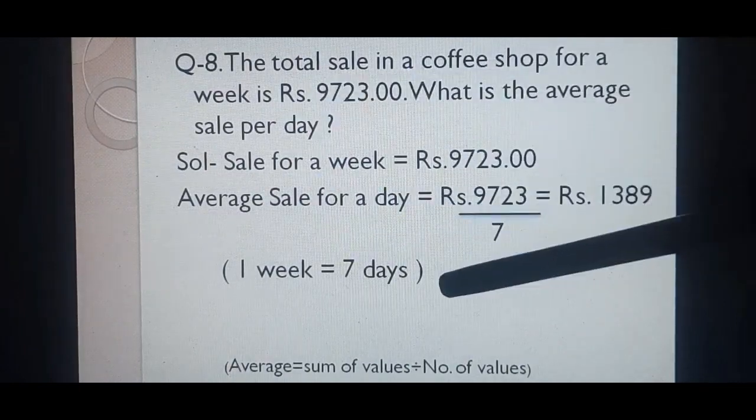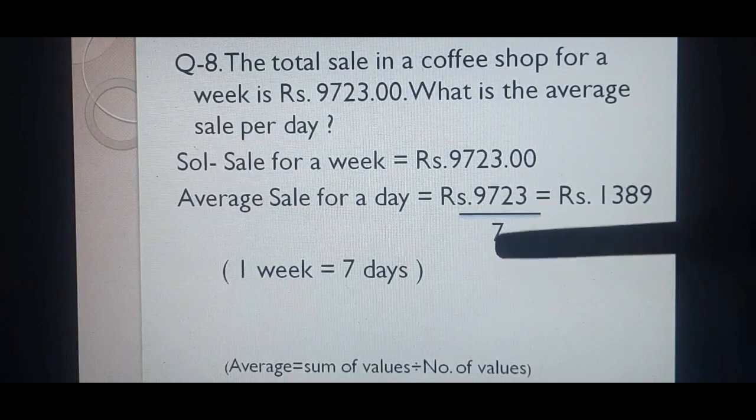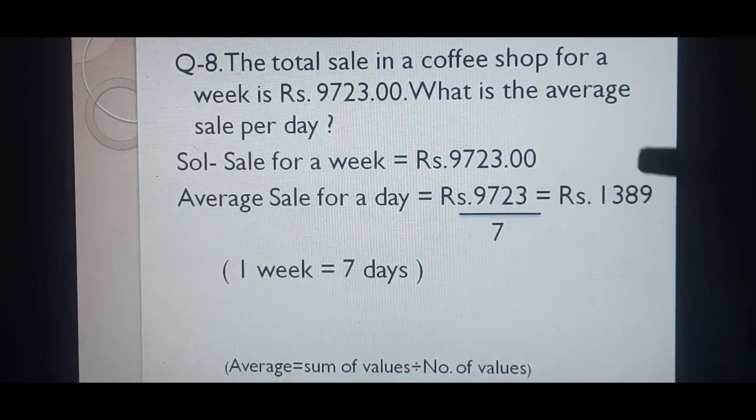A week contains 7 days. Right? So after division you will get rupees 1,389. Have you got this answer? If the division is done correctly, then definitely you will get the correct answer. If you are getting any error, then do this solution again. Okay?